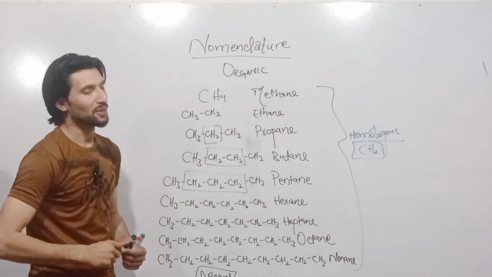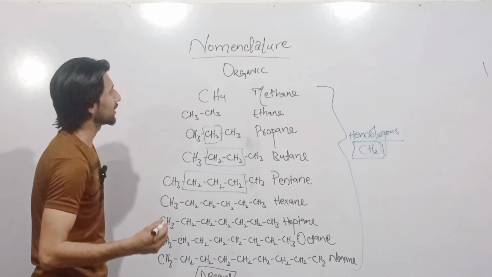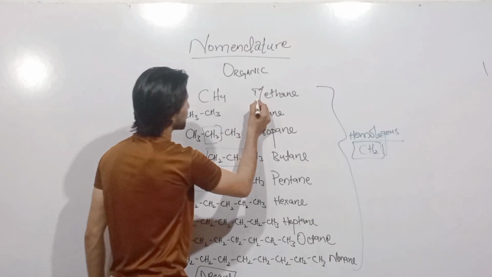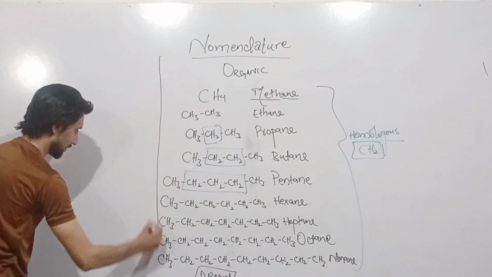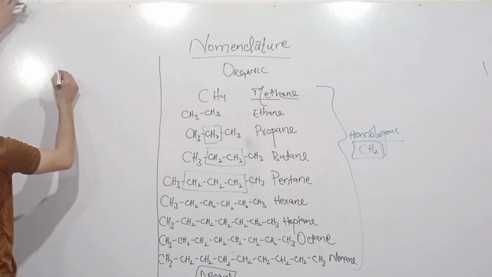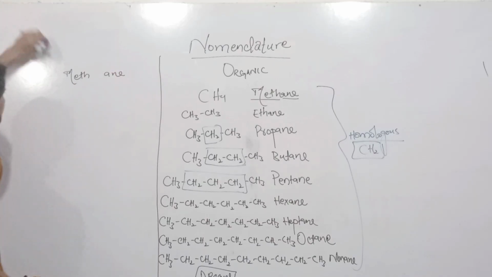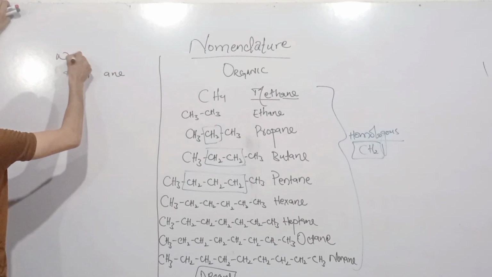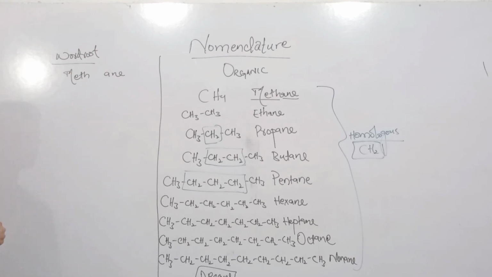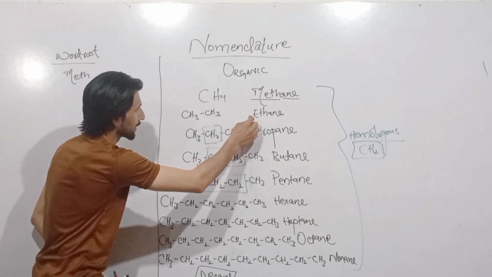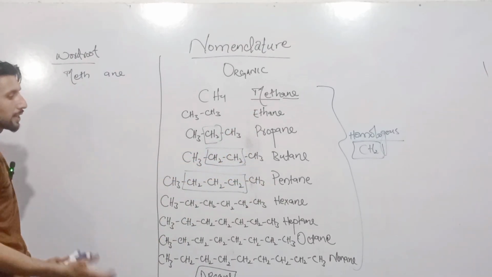So this is not the main thing I want to mention. What I wanted to tell you is that there are two parts of this name. You could see them. One is meth and the second is ane. So I'm going to elaborate this over here. The meth part and the ane part. This is called the word root. We can see the word roots over here: meth, eth, prop, but, pent, hex, hept, oct, and non.